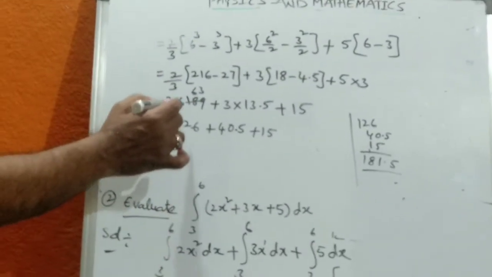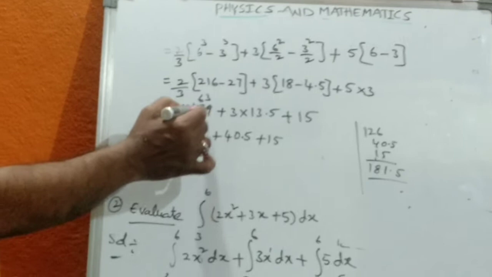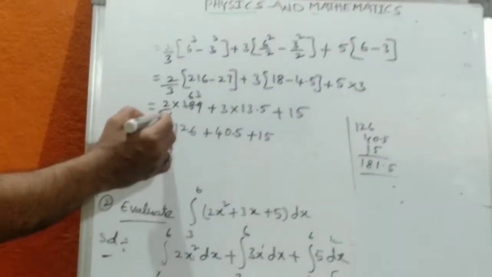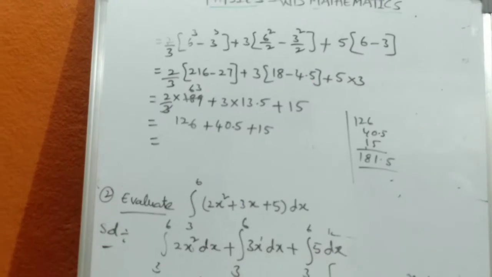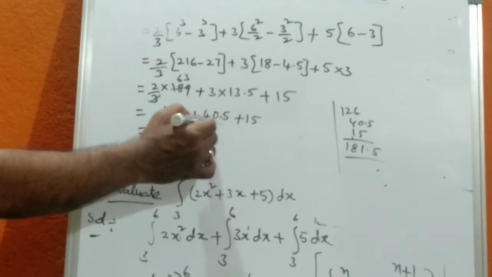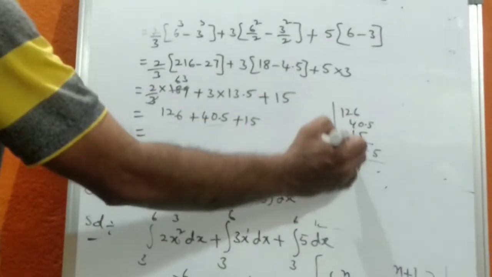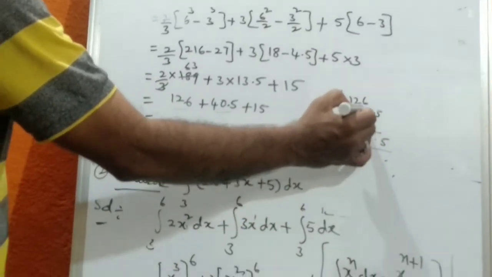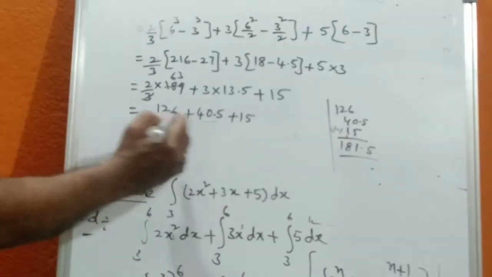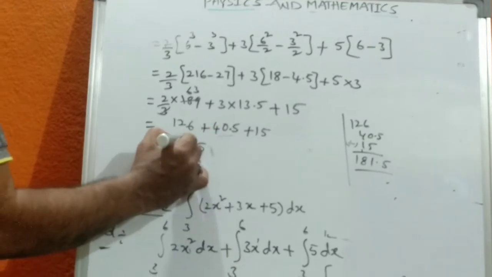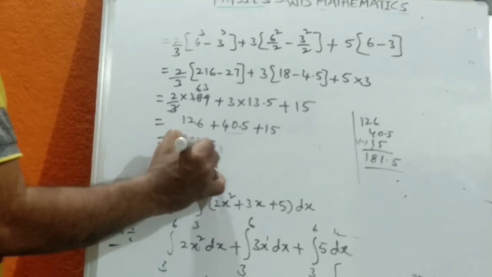So 2 by 3 into 189, plus 3 into 13.5, plus 5 threes are 15. So 63 2s are 126, plus 13.5 into 3 is 40.5, plus 15. If you add these, we get 181.5. That is the answer.